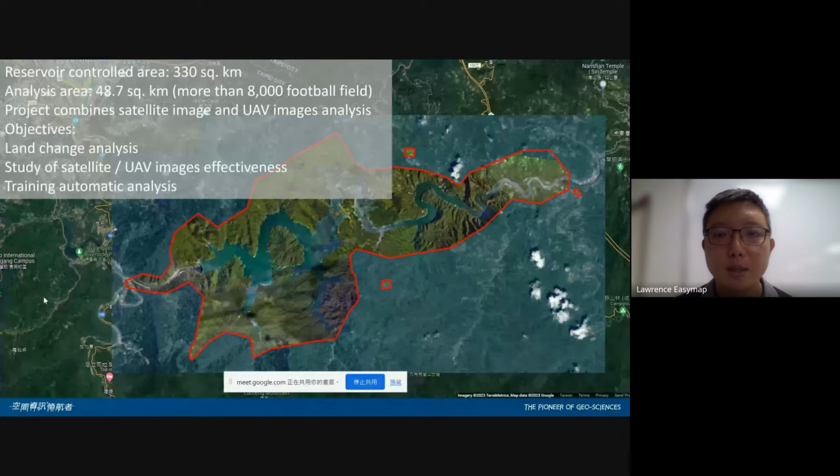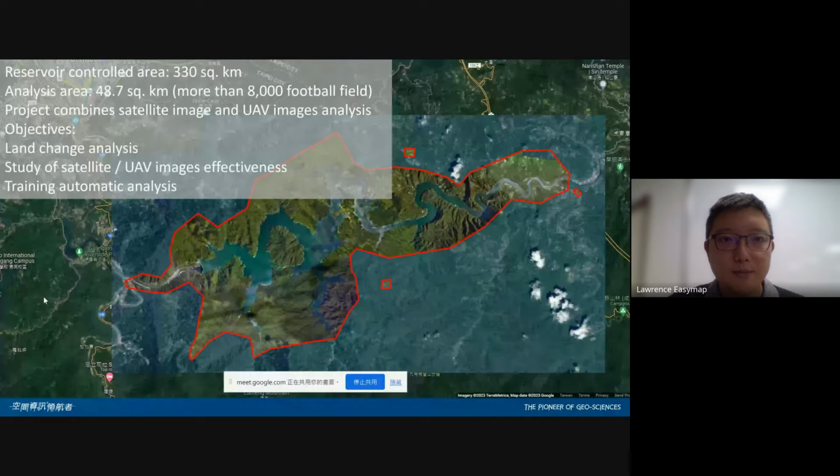So here is some basic information about our project. The reservoir controlled area is around 330 square kilometers. How big is it? Anyway, it is very big. And our project is responsible for studying around 50 square kilometers, 48.7 square kilometers. So it is around 8,000 football courts, if you want some idea.